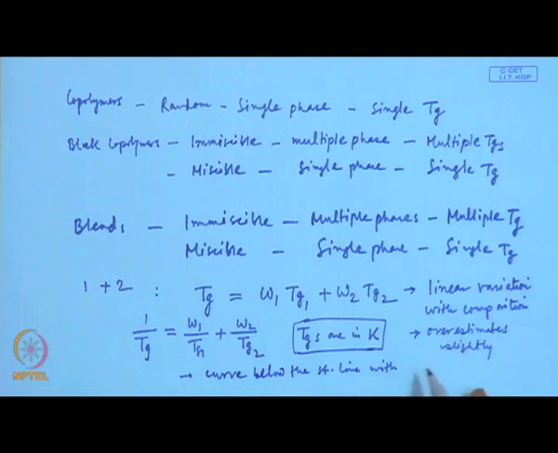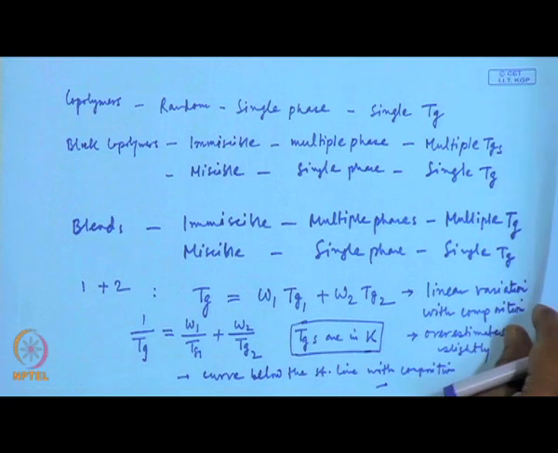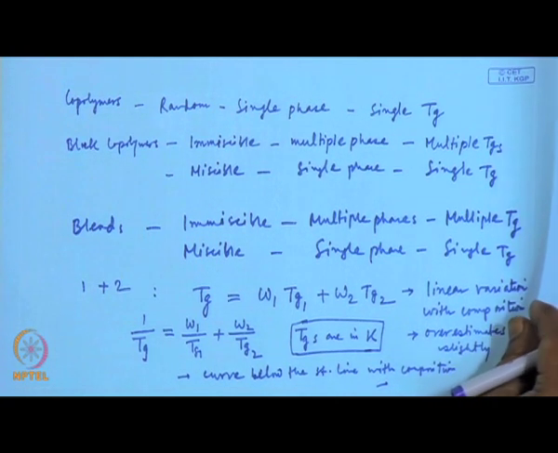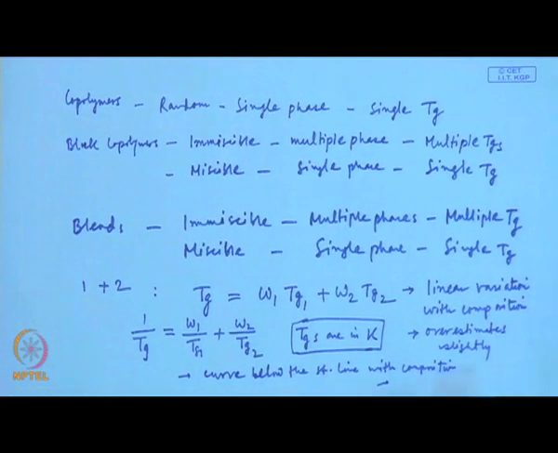So, if you have a straight line here, it will have a little curve below that, and it basically underestimates a little bit the Tg's for the miscible blends or the copolymer. Hence, the actual Tg lies somewhere between the values predicted by these two expressions.